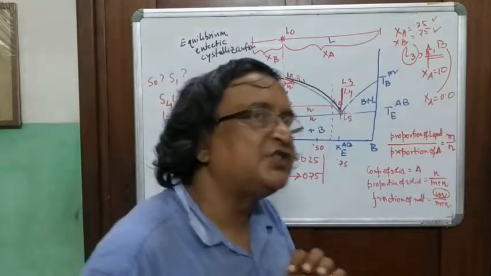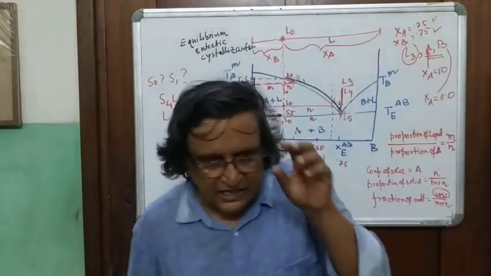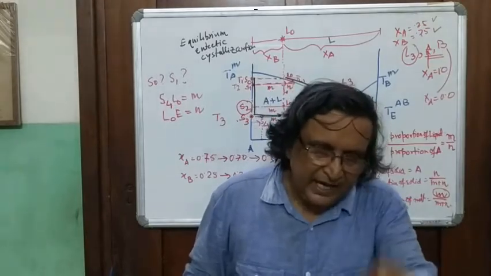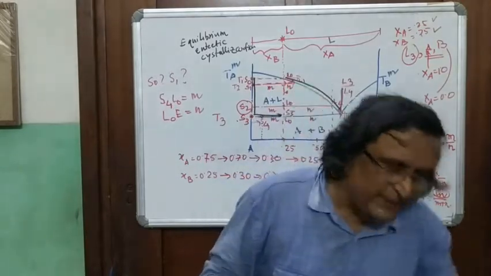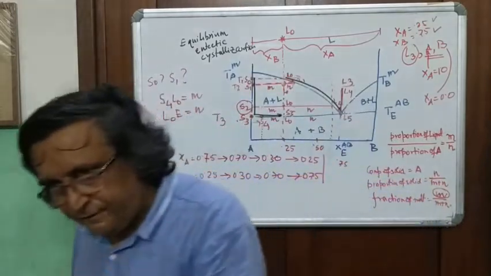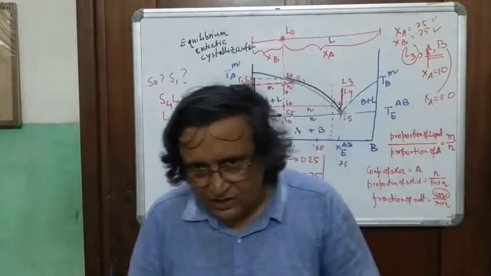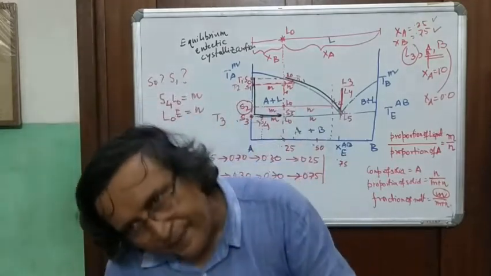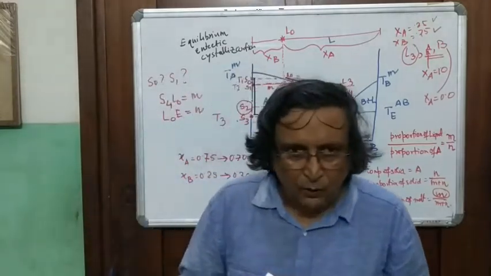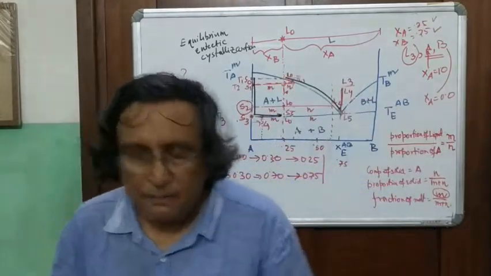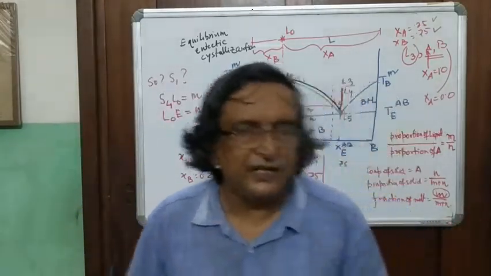Equilibrium crystallization means that the solids are perpetually in equilibrium with the melt. I'm not saying they're physically in contact, but they are in equilibrium with the melt. Now equilibrium may or may not be achieved, but that's a more complicated issue.